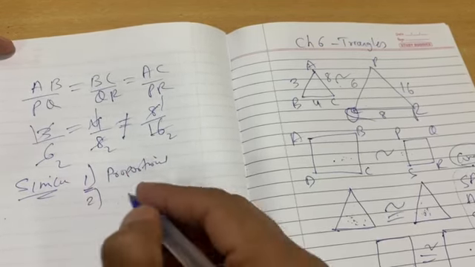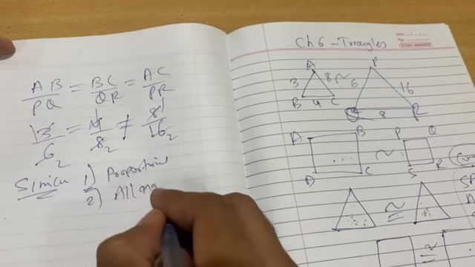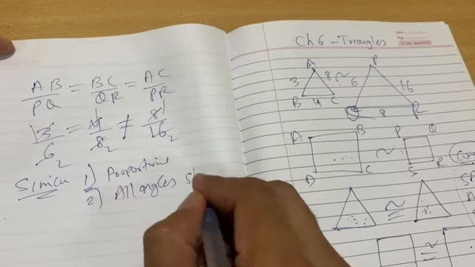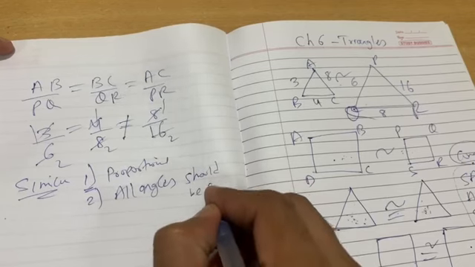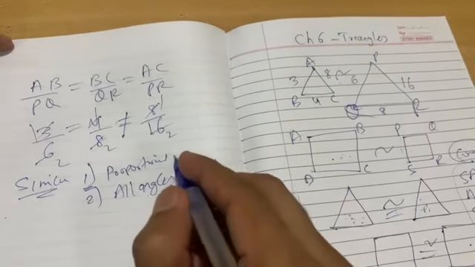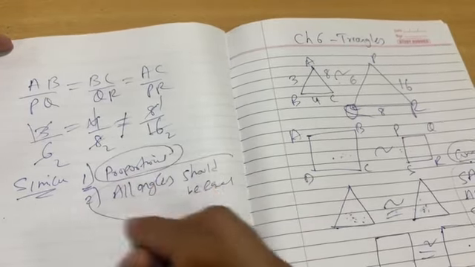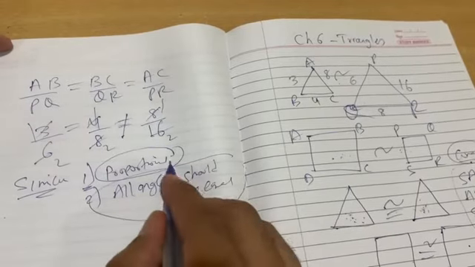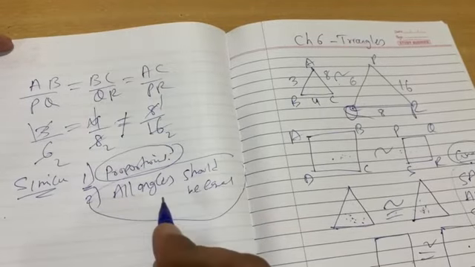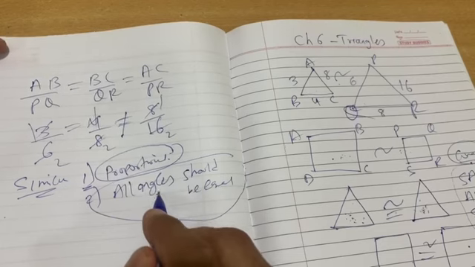The second thing is all angles should be equal. Then we can say the figure is similar. So two things you have to check: one, it should be proportional, and two, it should have all angles equal.